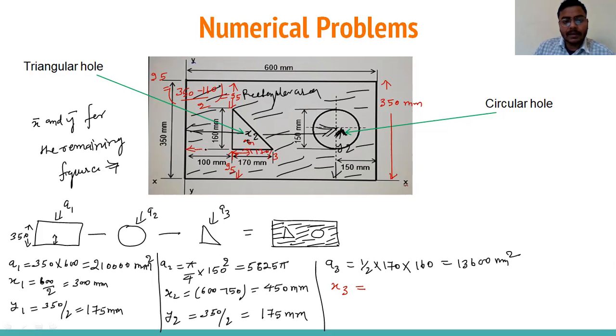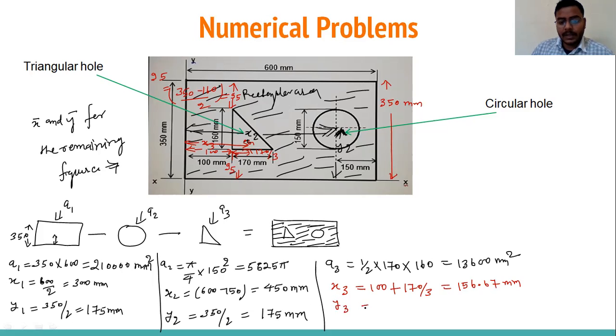This length is given as 100. So from here to here, x3 will come 100 plus 170 by 3, which is 156.67 mm.